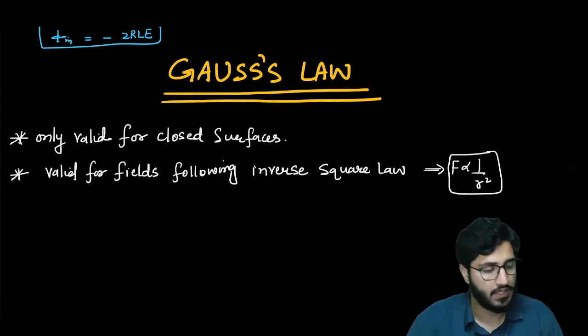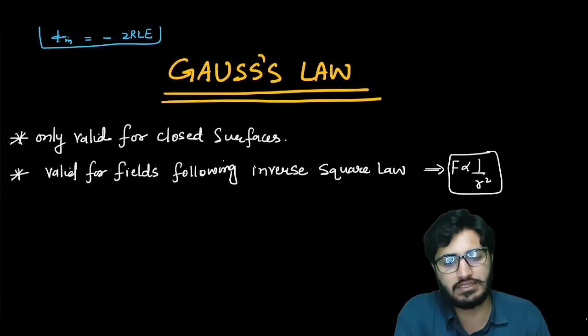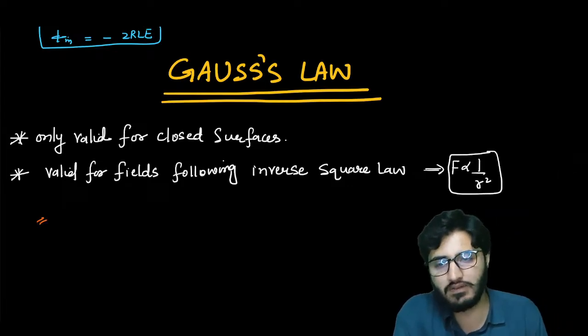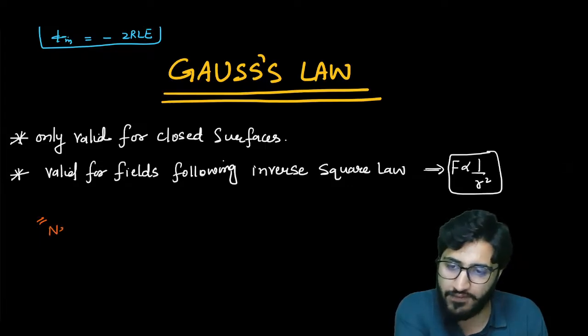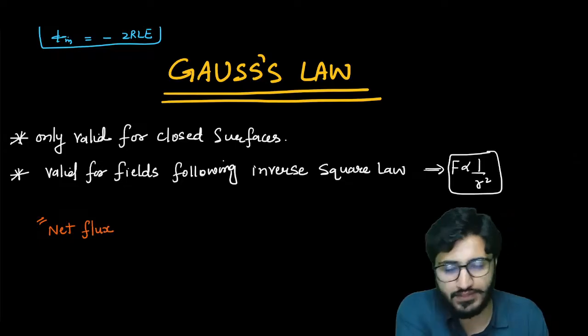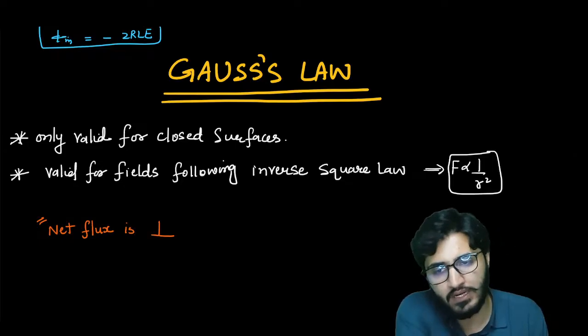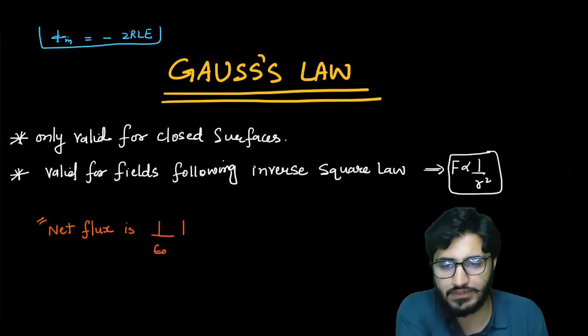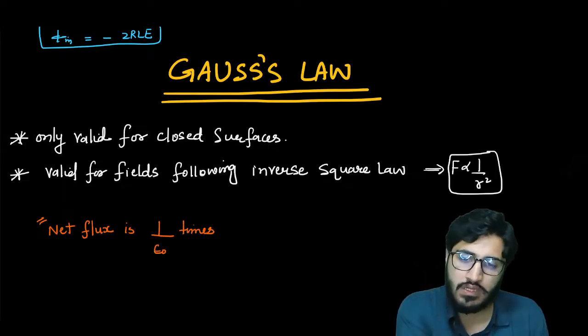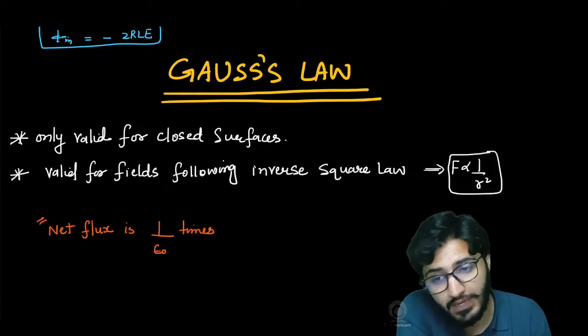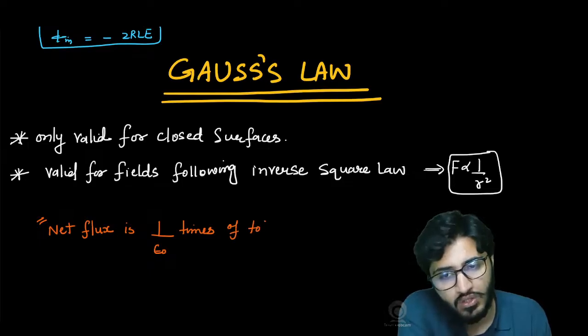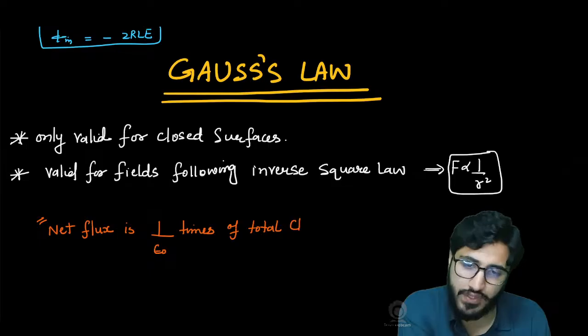Now the main topic is the statement of Gauss's law. The net flux from any 3D surface is equal to 1 by epsilon naught times the total charge enclosed.